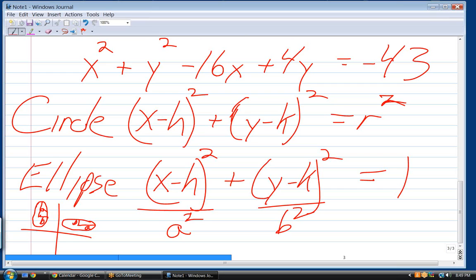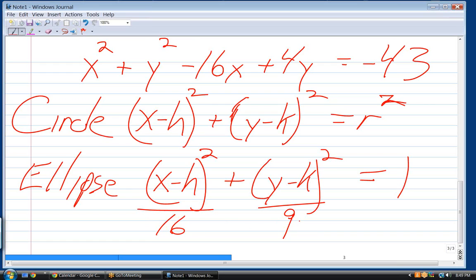So, if you get a precise equation, such as 16 and 9, that tells you that it's a horizontal ellipse, because this A was 4 and this B was 3.